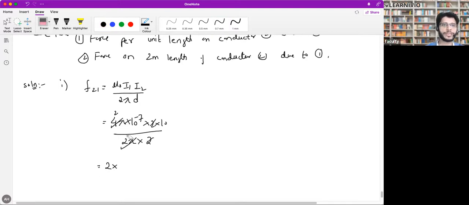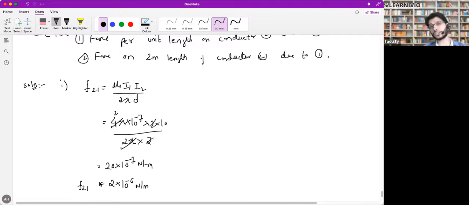It will be 20 into 10 raised to the power minus 7 Newton per meter. Or you can write this as 2 into 10 raised to the power minus 6 Newton per meter. That's it.